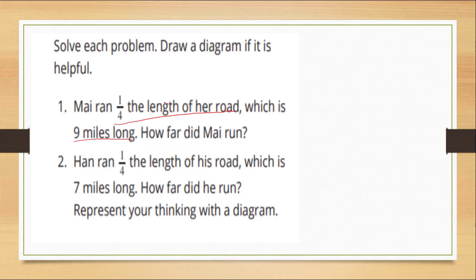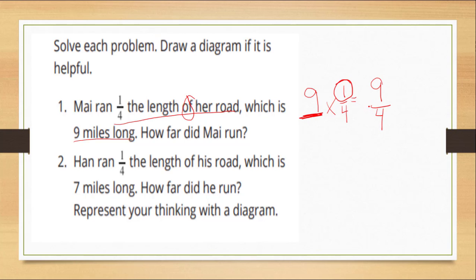So if she ran 1/4 of her road, we can multiply 9 times 1/4. So we're going to take our whole times our numerator. 9 times the 1 would be 9. And so 9 times 1/4 is the 9/4.